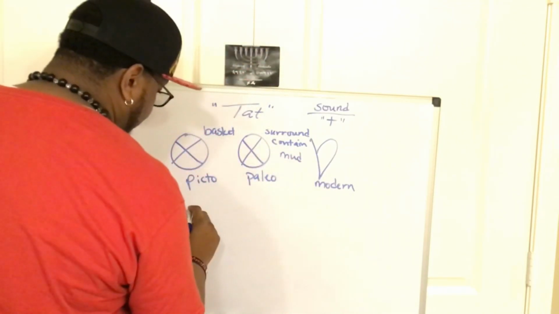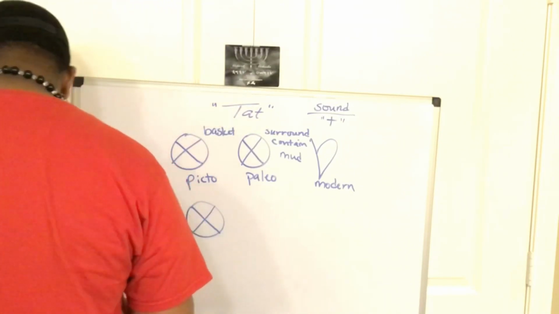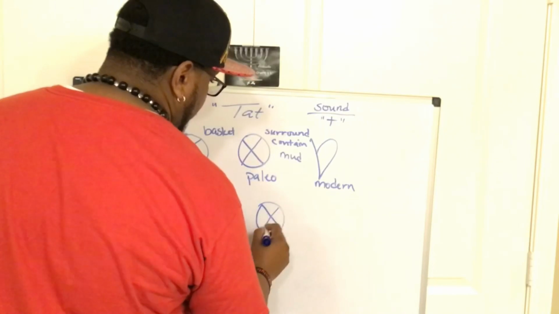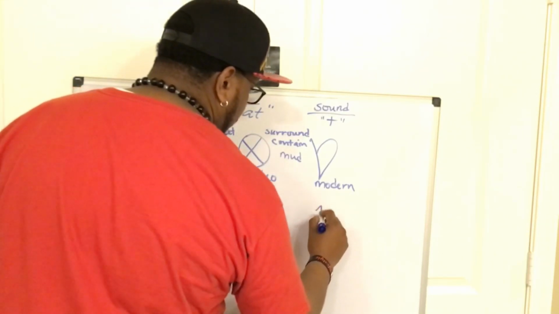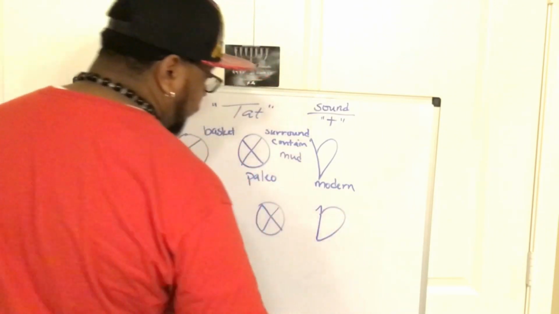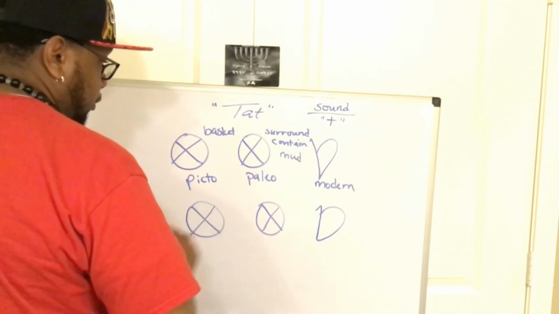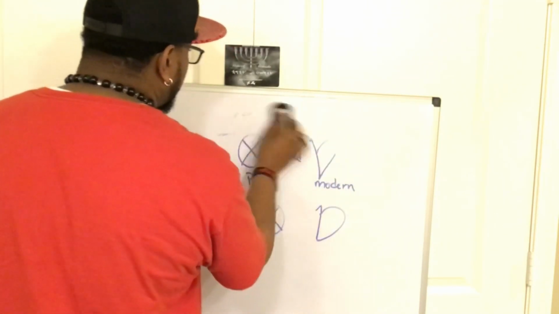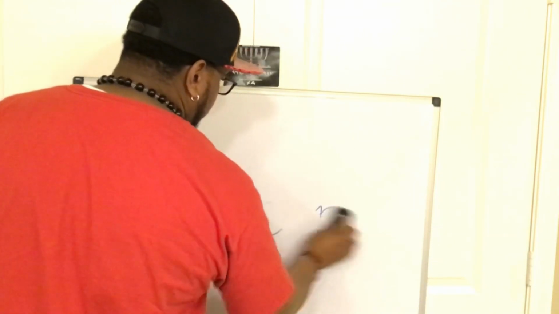And again, you draw it like this. Circle with a simple accent. Notice the Paleo and the Picto look alike. And then you have this boy. That is the tot. So you'll be seeing that in some words too. So just learn that character and we'll go further in words.